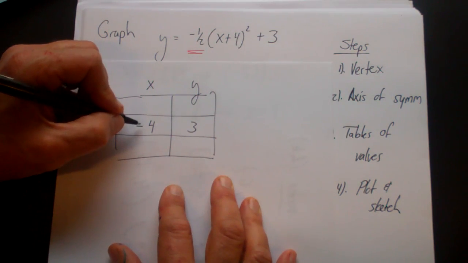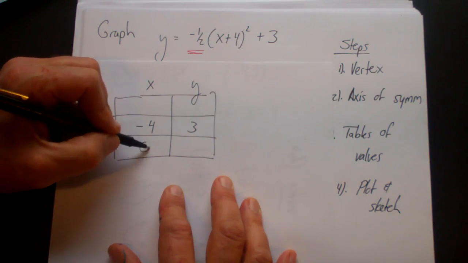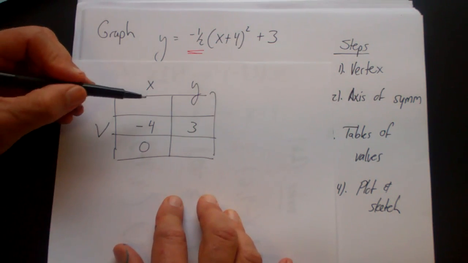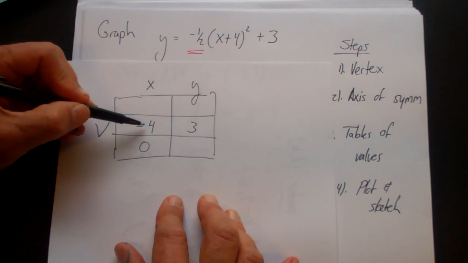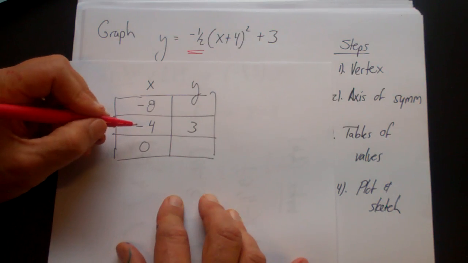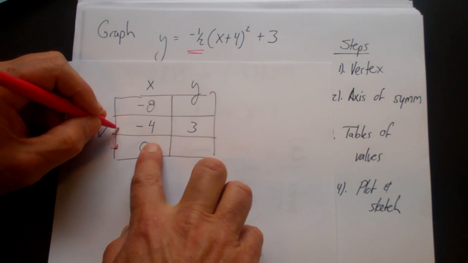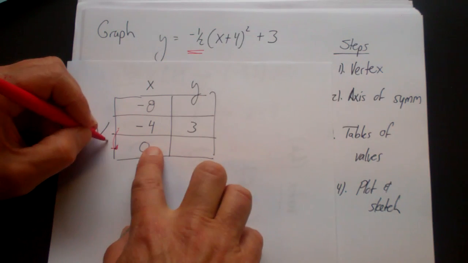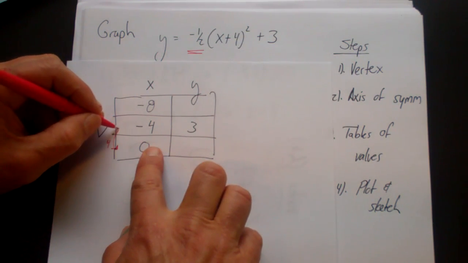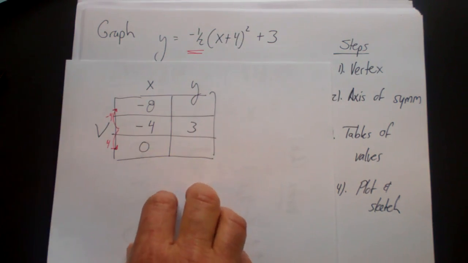So for minus 4, let's choose 0. If you choose 0, then I would also choose a negative 8. Now let's think about why I chose that. The 0, it didn't matter what I chose. I just thought that would be a nice one to choose. But the distance from minus 4 to 0 is 4. So now I'm going to go 4 in the opposite direction, and minus 4 is minus 8.